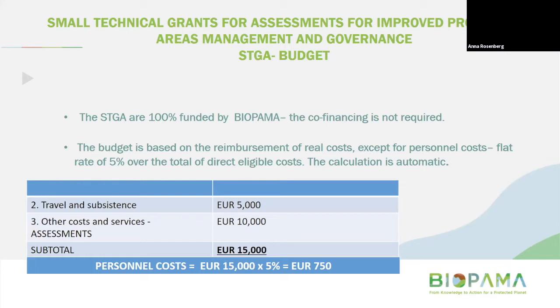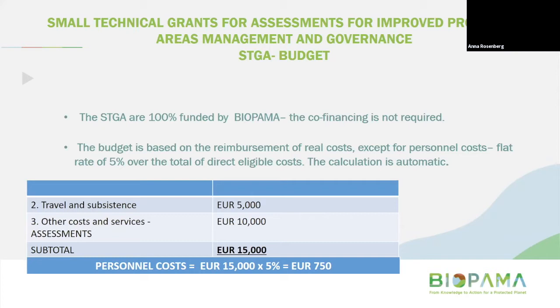The reimbursement of real costs means that you will be reporting at the reporting stage on the spending directly linked to your grant. And if the costs are considered eligible, they will all be accepted and paid for. There is one exception to this methodology, and those are the personnel costs.